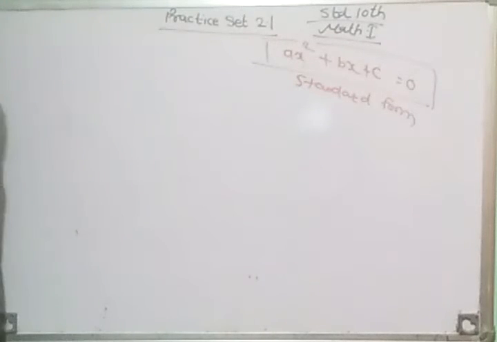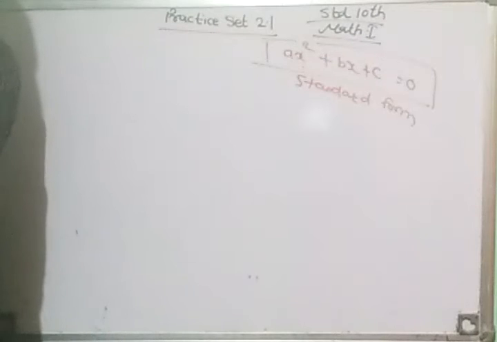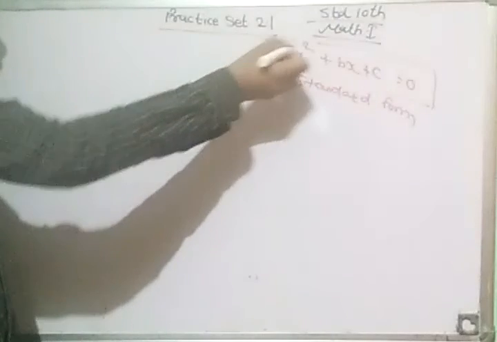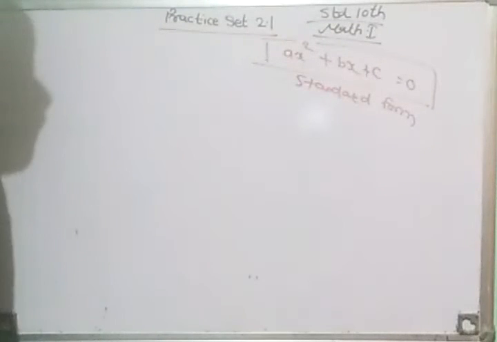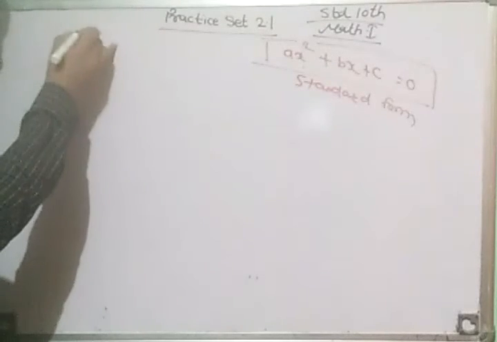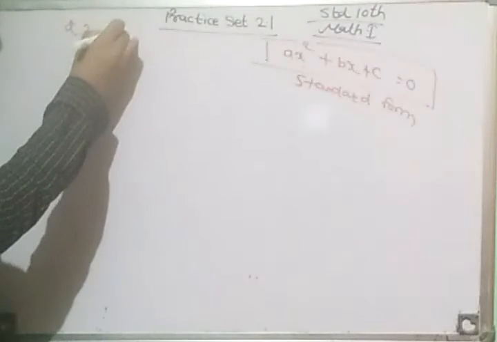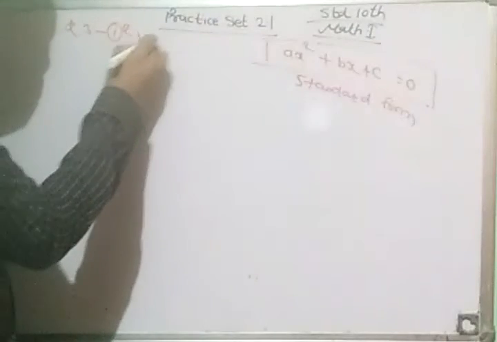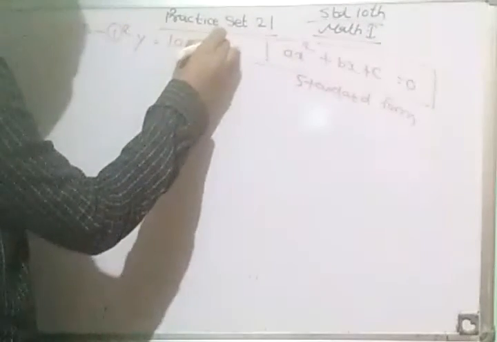We have given equations in the question. We solve each equation, convert it into the standard form and write the values of the three terms, meaning the a, b, c coefficients. Okay, so question number 3's first example is 2y is equal to 10 minus y square.